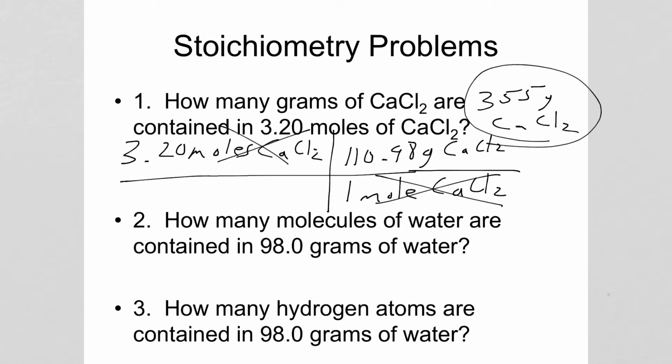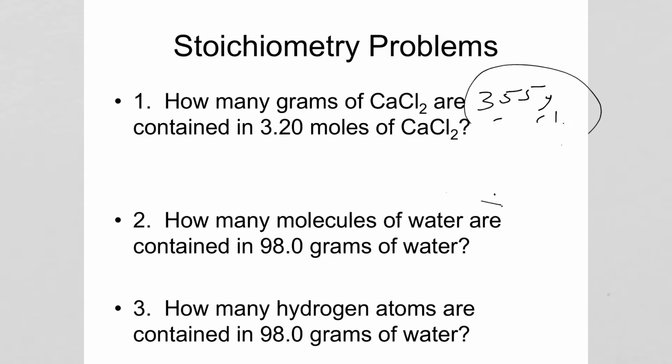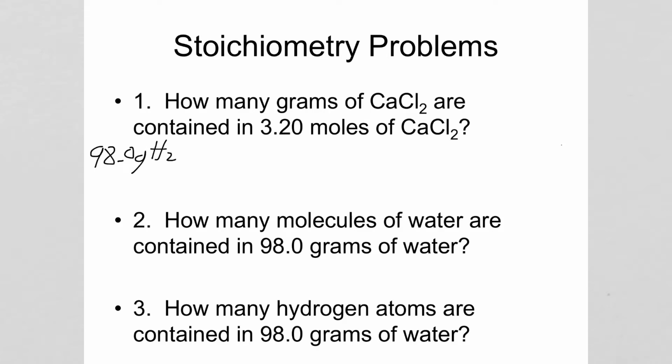All right, so now we're going to move on to problem 2. And I'm going to make some space and work it in the blank space above problem 2. So now we want to know how many molecules of water are in 98 grams of water. So we're looking for molecules. So first of all, we need to take our 98 grams of water.